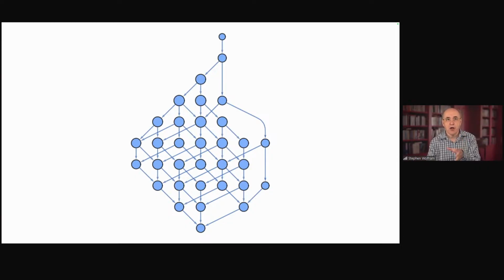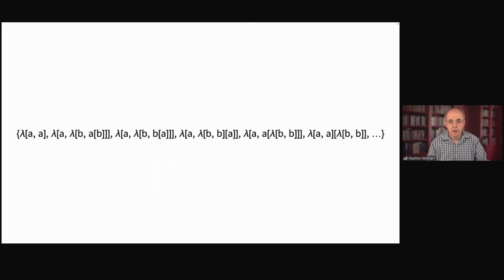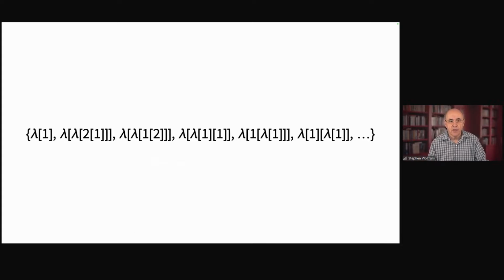So the first few linear lambdas are these things here: lambda of a, a; lambda of a, lambda of b, a of b, because a and b are just occurring once here, and so on. So in de Bruijn index form, those are the first few linear lambdas. Linear lambdas have the important property that on beta reduction, they can never increase in size.